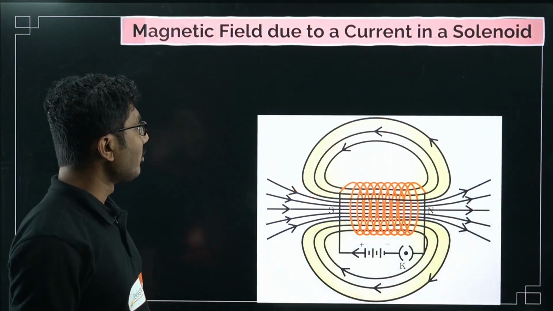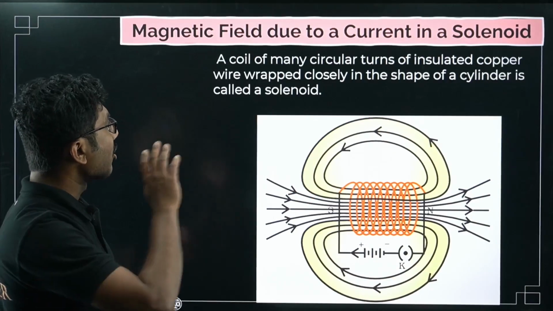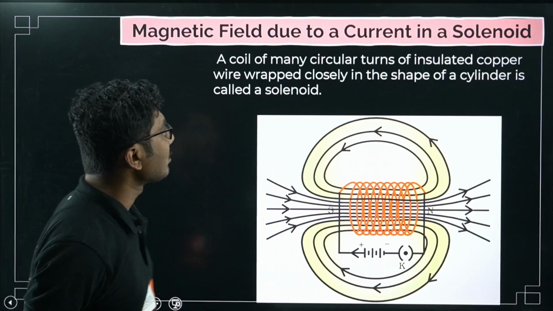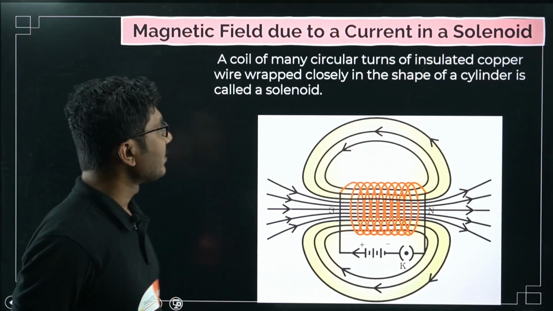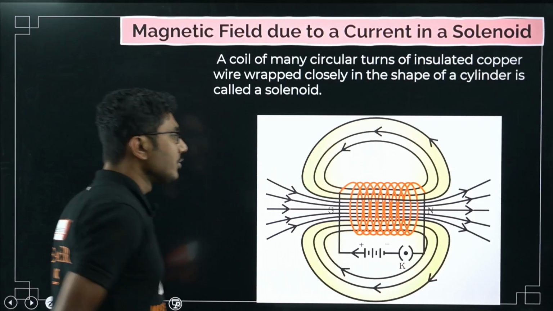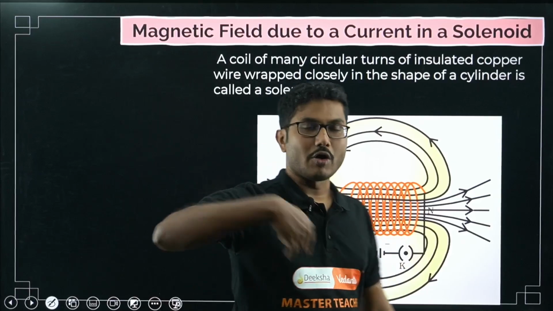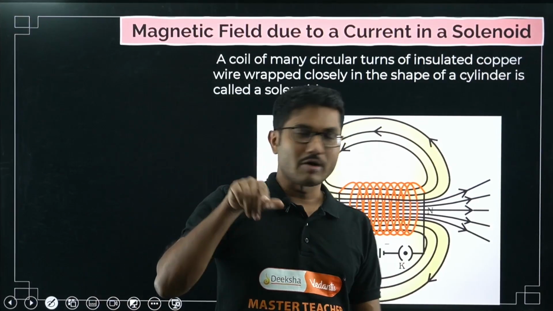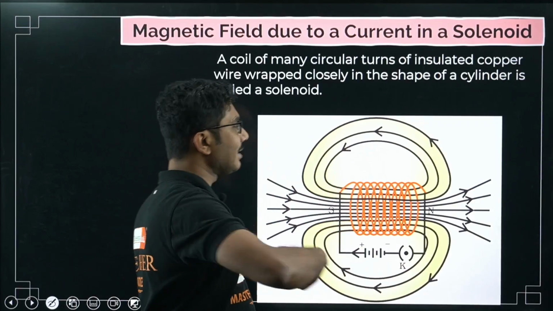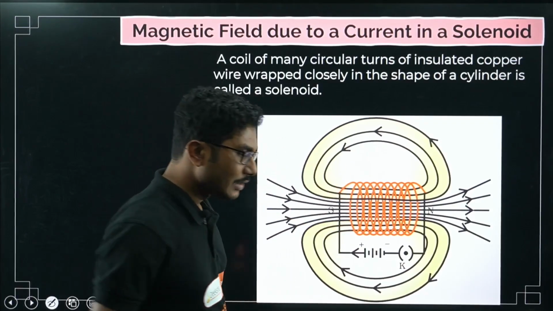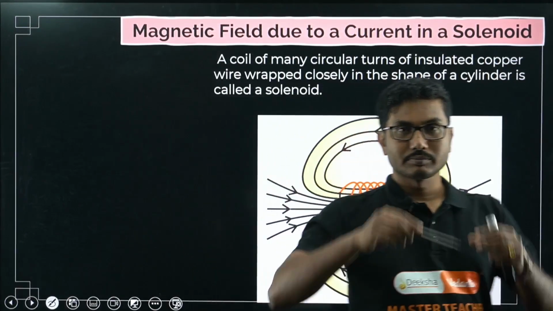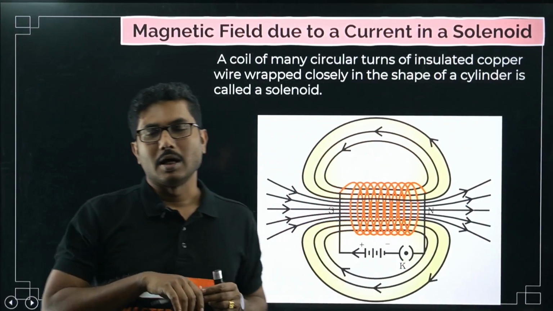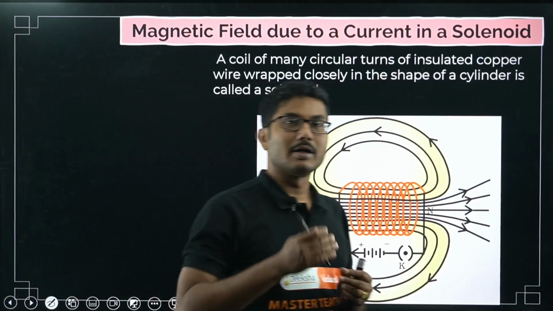Now let's move on. This is a solenoid: a coil of many circular turns of insulated copper wire wrapped closely in the shape of a cylinder is called a solenoid. Last time you have seen only a single circular coil, now you have made it in the form of a cylinder. Basically you take a cylindrical empty box, there are different rolls available.